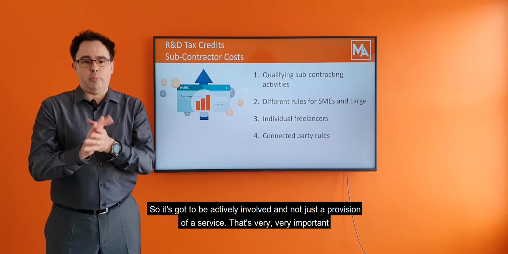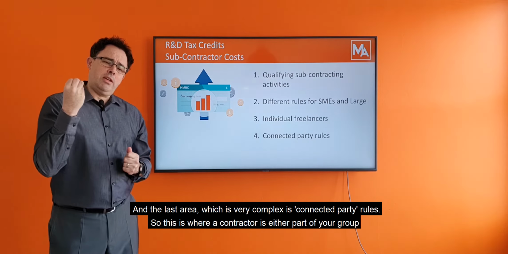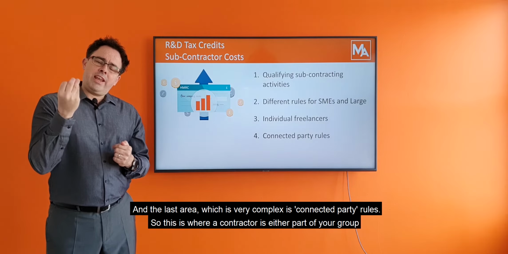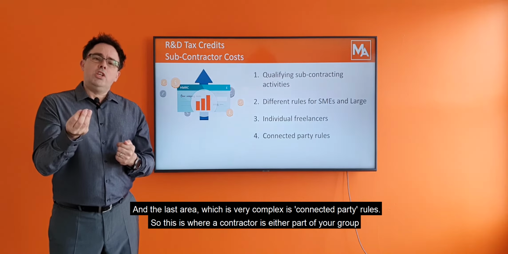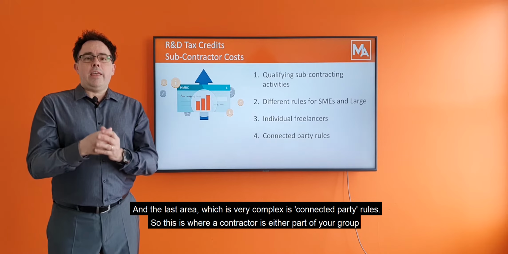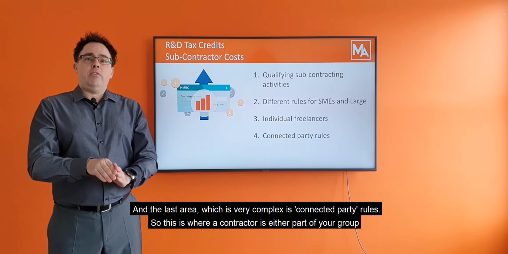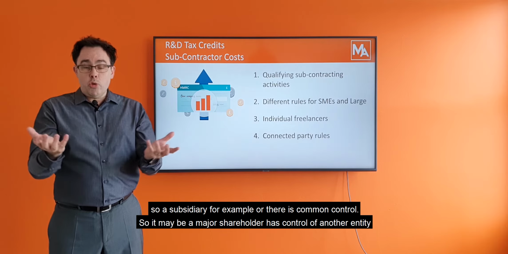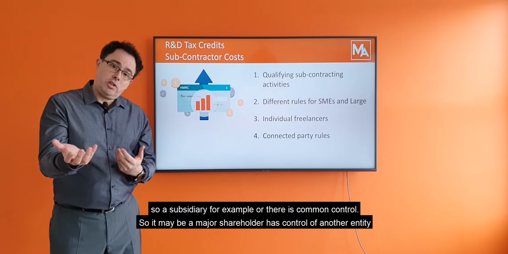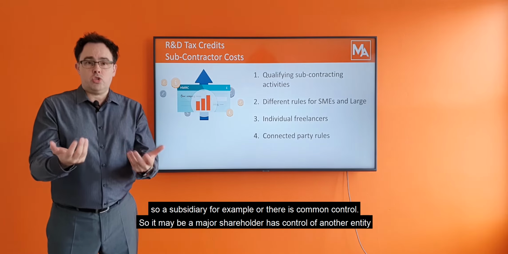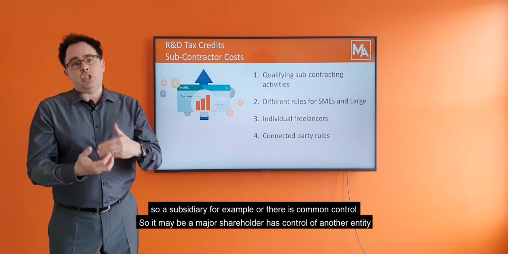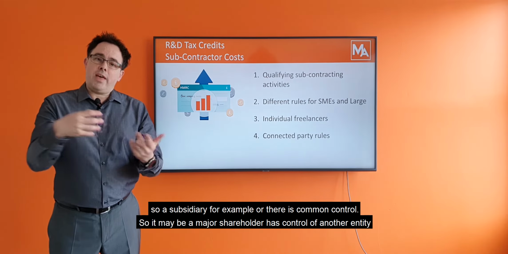That's very, very important. And the last area, which is a very complex area, is connected party rules. So this is where a contractor is either a part of your group, so it's a subsidiary, for example, or there is common control. So it may be a major shareholder has control of another entity.